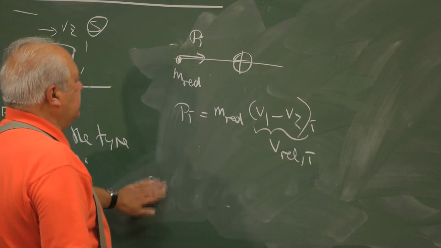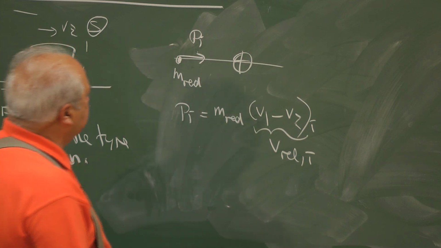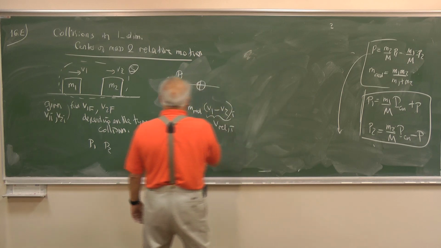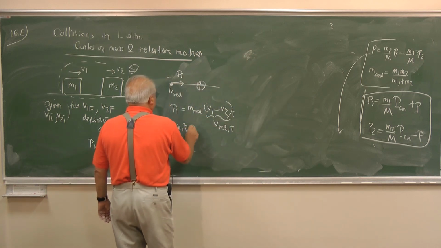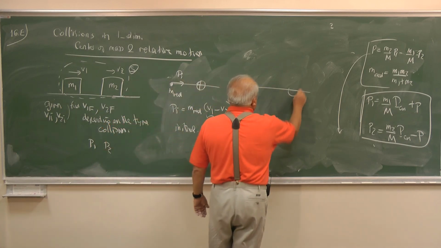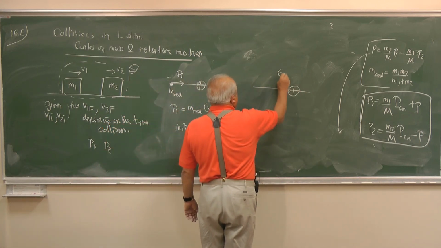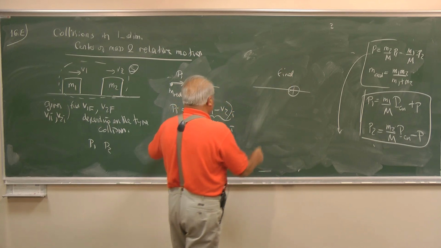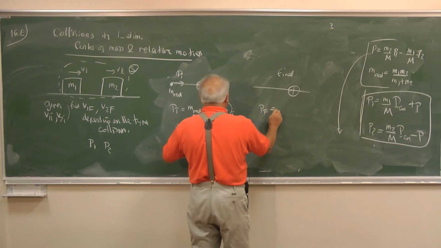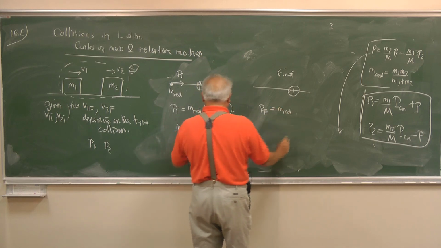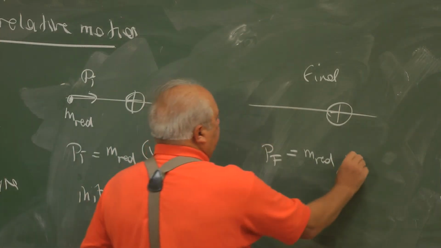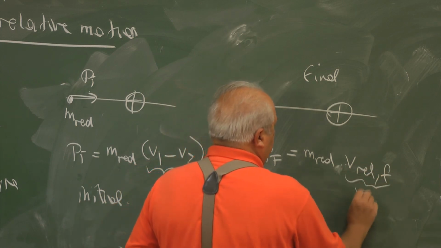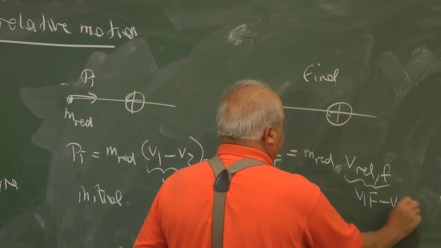All right. That's the beginning. Now, what happens at the end? At the end, we have a PF, so this is initial, and this is final. Now we can write the final PF immediately. PF is equal to M reduced, from here, V relative final, which is V1F minus V2F.